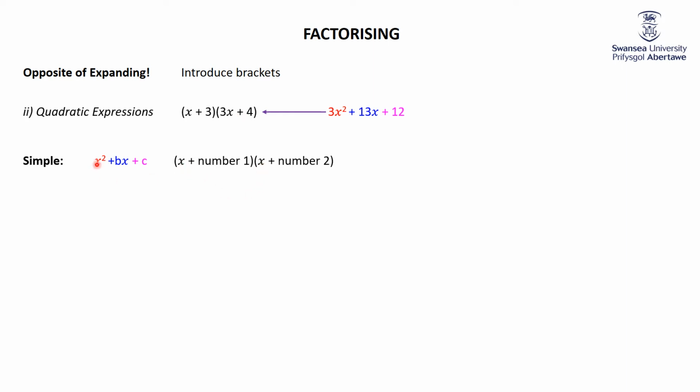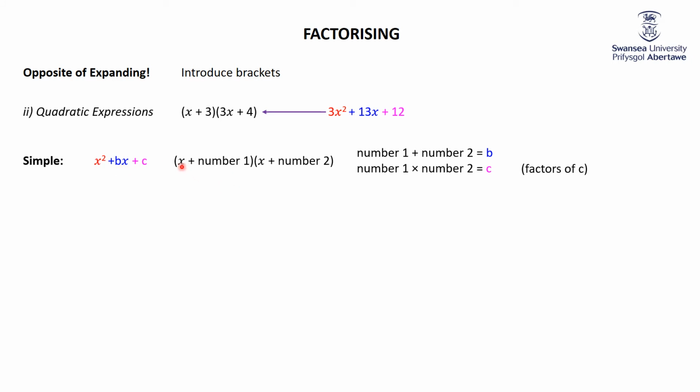Now obviously the x squared comes from the first, if you like, x times x. The c comes from the number times the number. So therefore number 1 times number 2 is c. So therefore number 1 and number 2 are factors of c. And then where b comes from is b is the x bit, right?